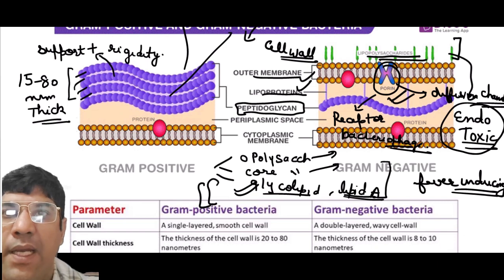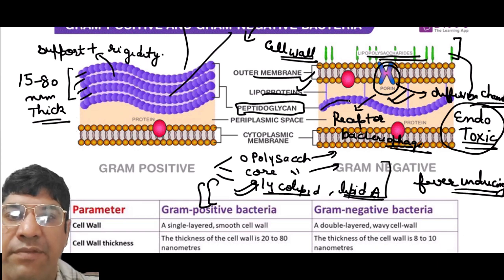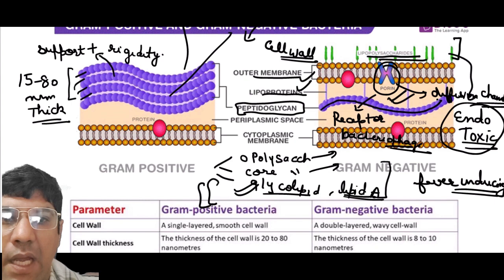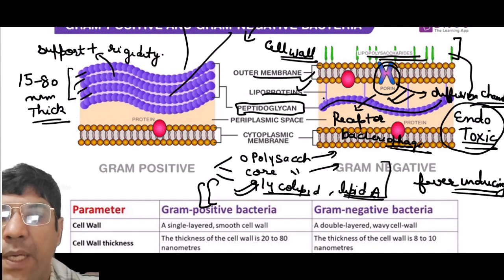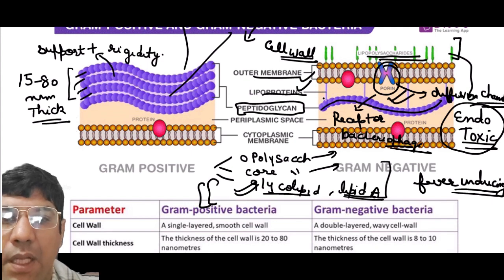The peptidoglycan layer here is thin and it is bound by the lipoprotein. The lysozyme is an enzyme that can break down the mucopeptide link in the cell wall and can lyse the susceptible bacteria.